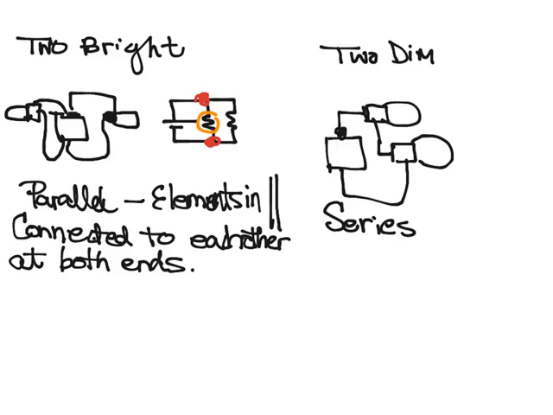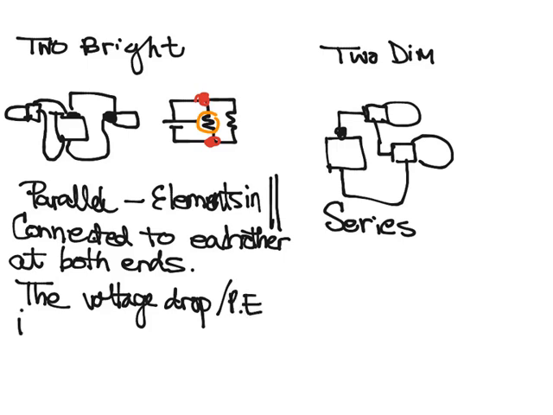Okay, and what that means in terms of voltage is that the voltage drop, or the change in voltage, or the change in potential energy, is the same for both.